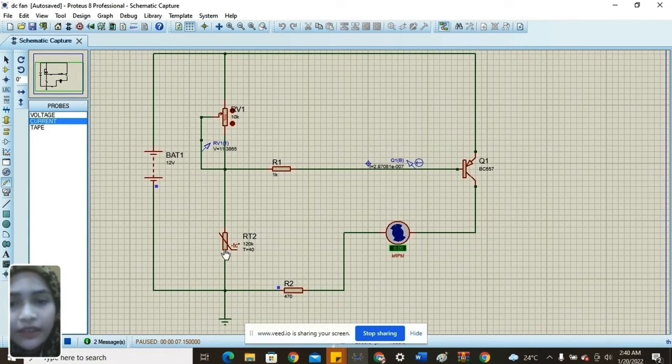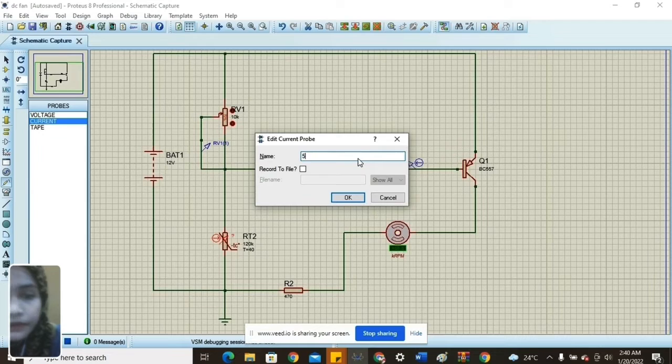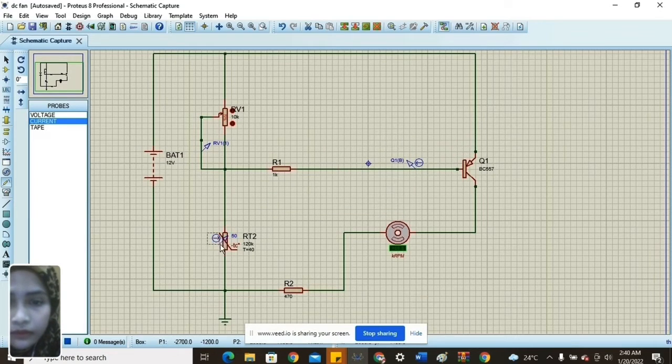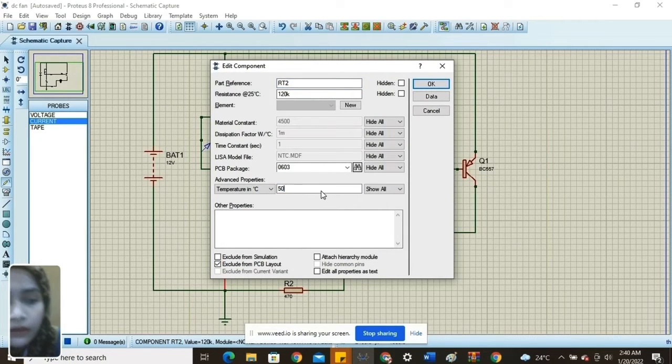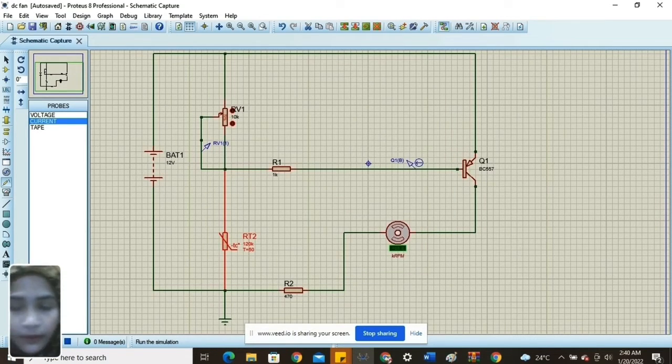Next, we set the temperature to 50 degrees Celsius and run. As we can see here, the DC fan starts to rotate because the DC fan will rotate when the temperature is above 40 degrees Celsius.